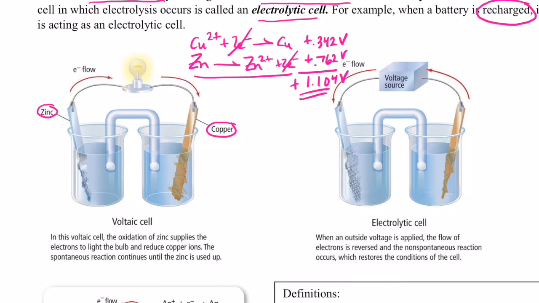So the electrons lost by the zinc electrode will spontaneously flow towards the copper electrode without me doing anything. In fact, that reaction will continue until I run out of reactant. For instance, remember, this zinc electrode is slowly dissolving.